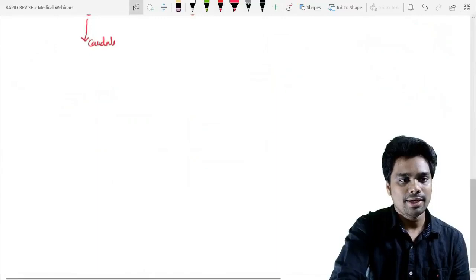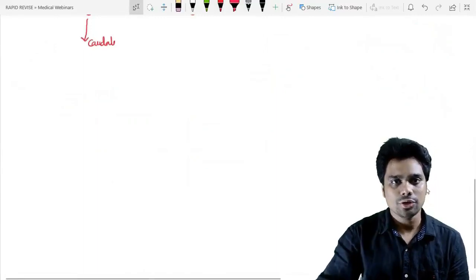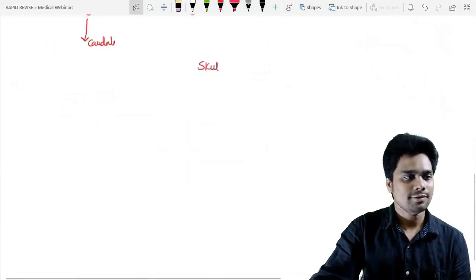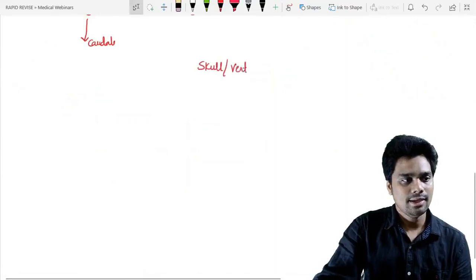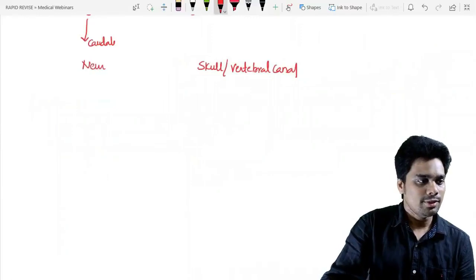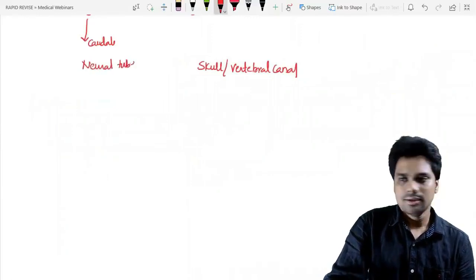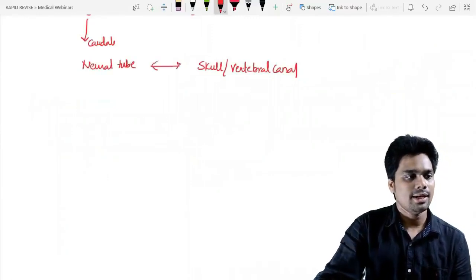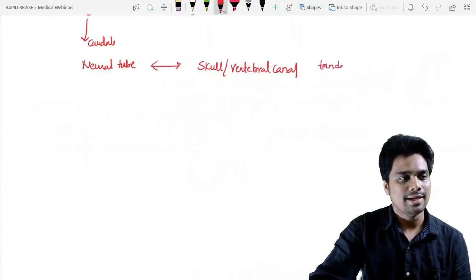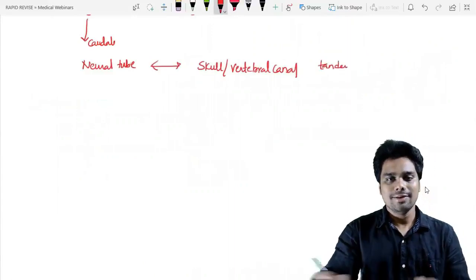Along with the development of the neural tube, there is also the development of the skull and vertebral canal. Both occur in tandem, so both are developing together.